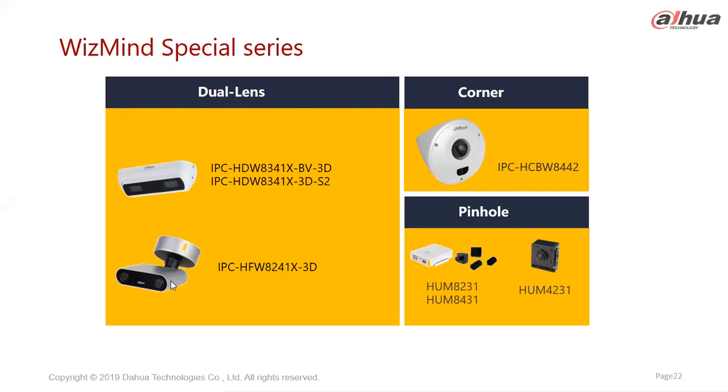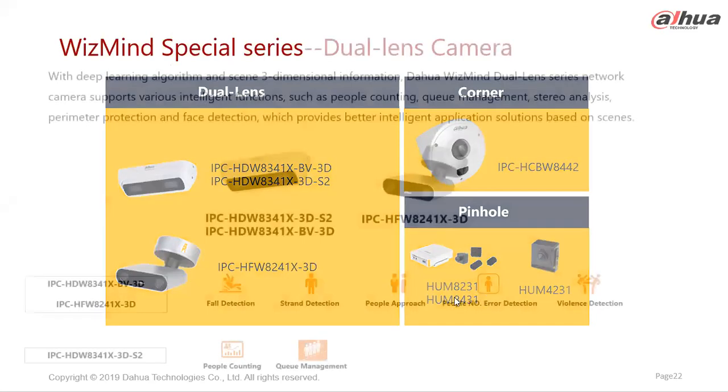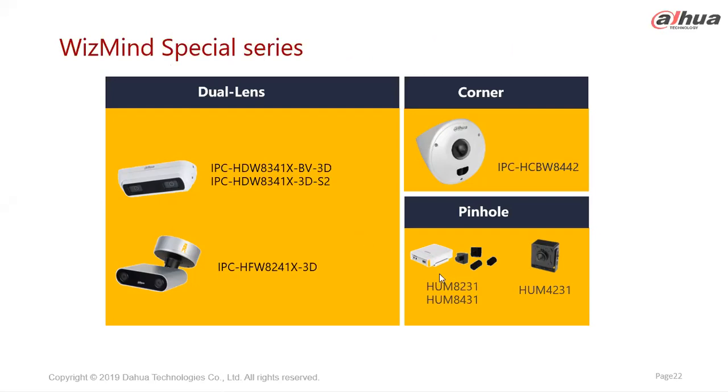The dual lenses are mostly used for people counting cases. We have cameras that are specifically made for corner situations, and we have pinhole cameras. So we just get to know these cameras. Maybe for reference, you can use the product naming rule to check on the same. For the product naming rule, I'll send the file in the groups because you can use that one for the public domain.